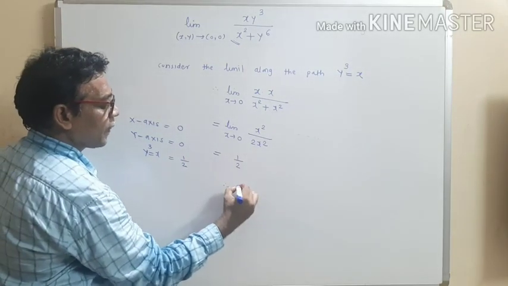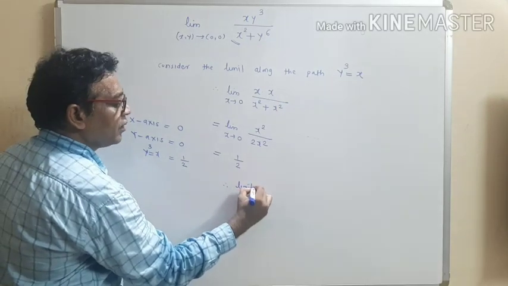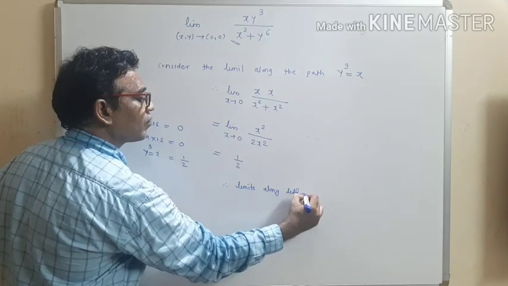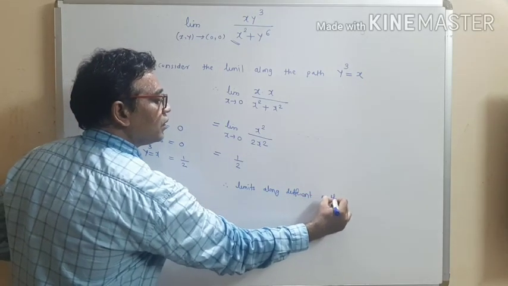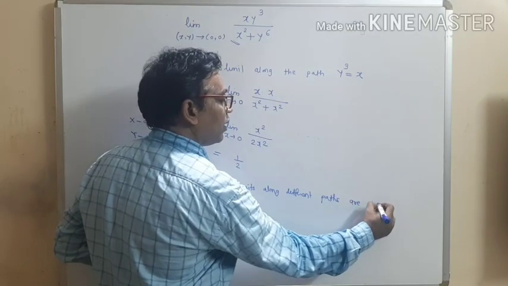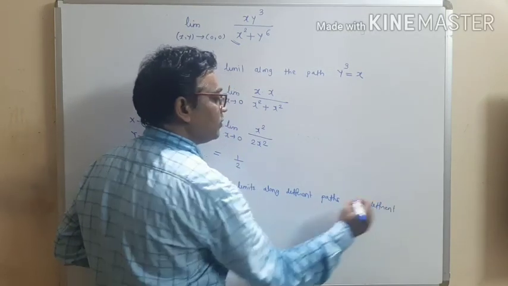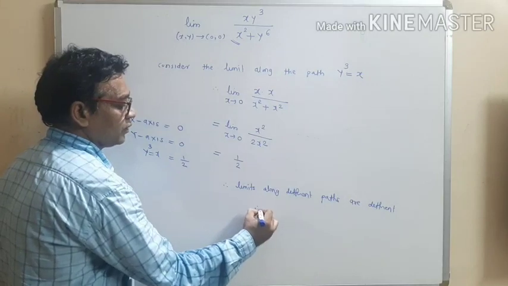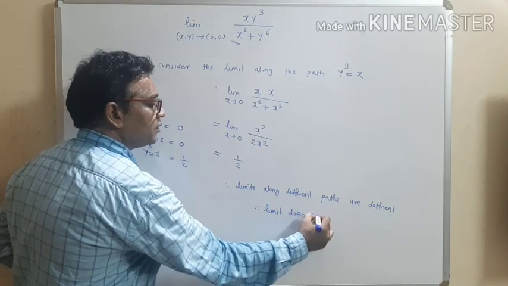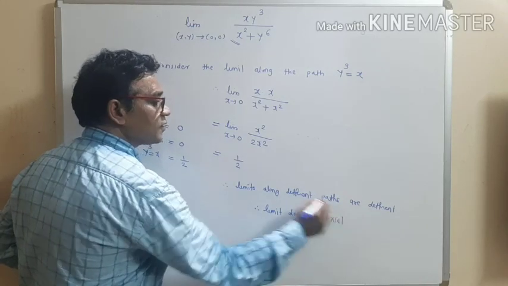So write down, therefore, limits along different paths are different. So write down, therefore, limit does not exist.